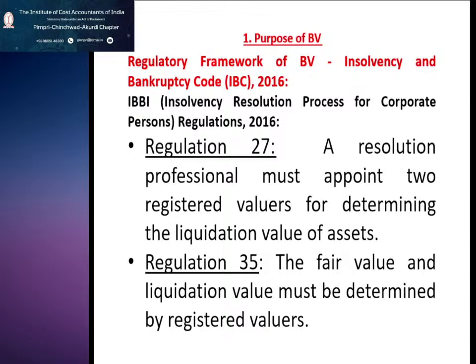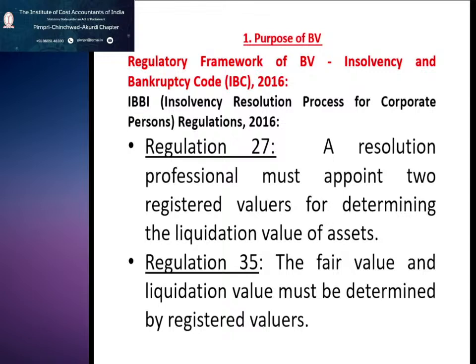Liquidation value is the sale value of the assets upon forced sale or orderly sale. So liquidation is something like a forced sale. In that case, the resolution professional under the IBC is required to appoint two registered valuers, and the appointment will have to be done in accordance with the Companies rules specific to registered valuers as such.